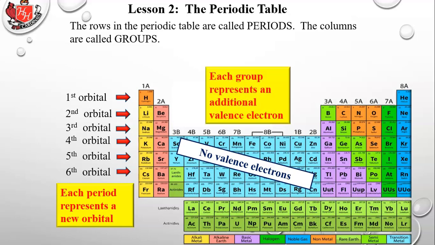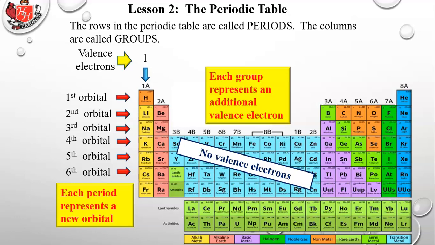Now each group, that is column, represents an additional valence electron. So the first column, which is hydrogen, lithium, sodium, potassium, on down, they all have 1 electron in their valence orbital, exactly 1. So for hydrogen, the valence orbital is the first orbital.